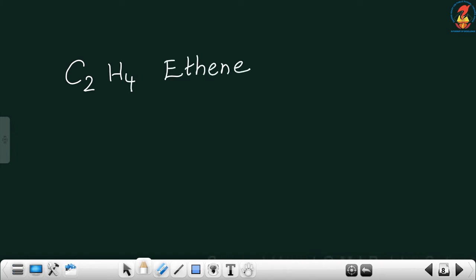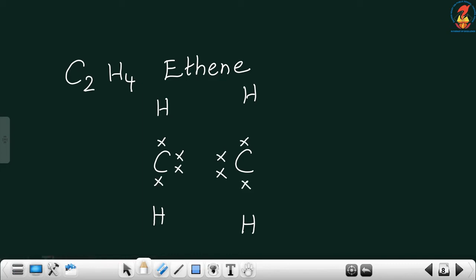Electron dot structure for ethene. So, 2 carbon atoms, 4 hydrogen atoms. First write the combining atoms. Show the electrons. Carbons have 4 electrons, so I have represented them with a cross sign.